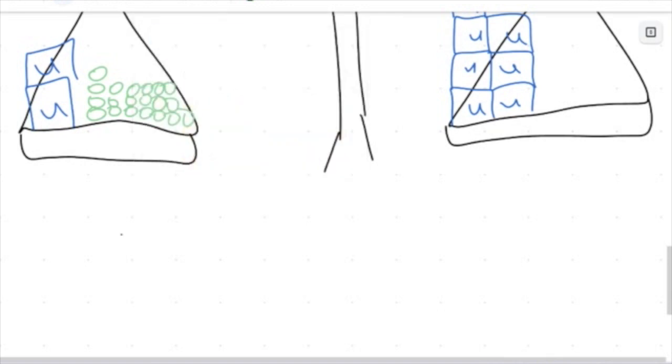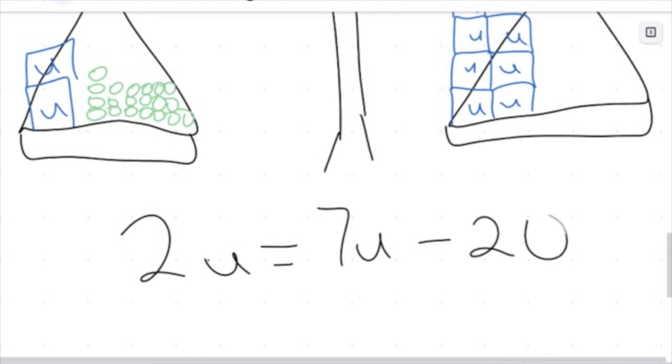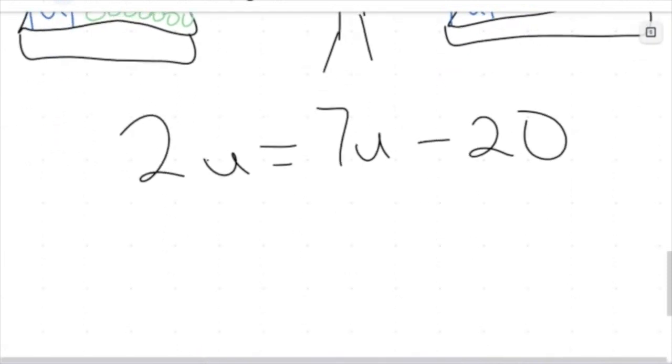I started off with 2u equals 7u minus 20. And what did I do to balance this out? Well, I essentially did the opposite of this operation on this side. So I added 20 to both sides.